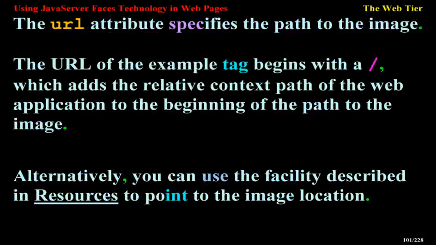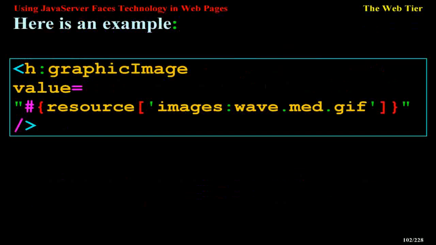The URL of the example tag begins with a slash, which adds the relative context path of the web application to the beginning of the path to the image. Alternatively, you can use the facility described in resources to point to the image location. Here is an example. h:graphicImage value="#{resource['images:wave.med.gif']}".